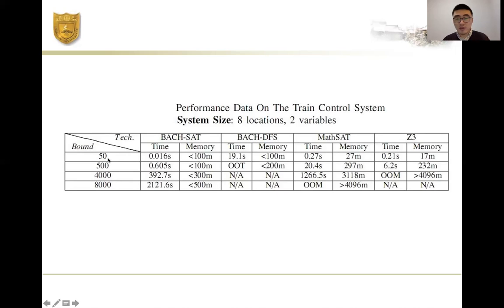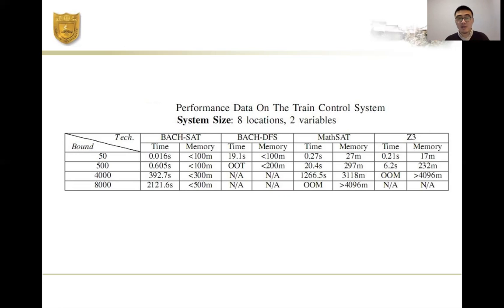For a system with bound like 500, we can see BarSat, MathSAT, and Z3 can all solve it quickly. But for pure DFS, it's out of time because there will be too many paths to enumerate, one by one.